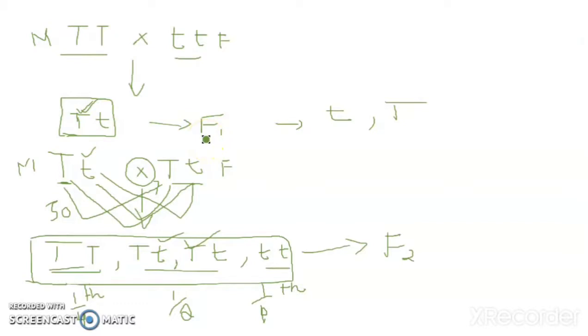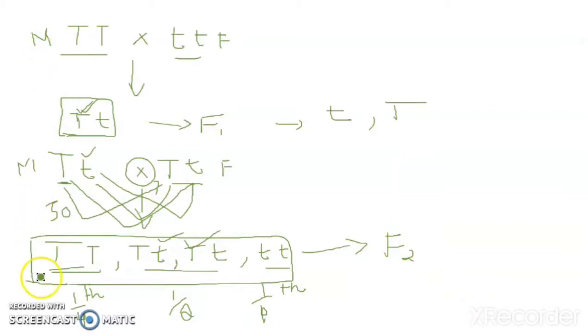At F2, if you take the phenotypic ratio, 3/4 of the plants are tall, whereas some of them are capital T capital T, while others are capital T small t.